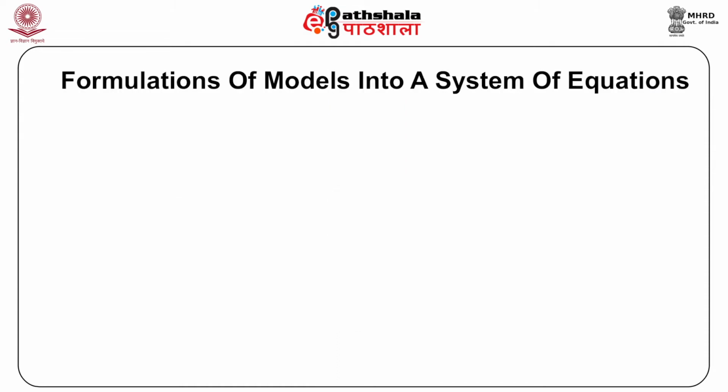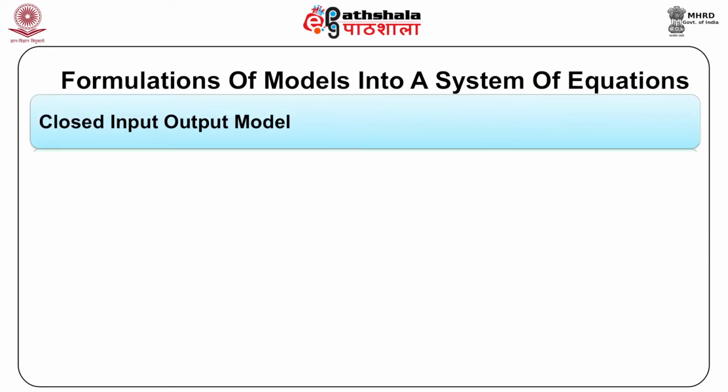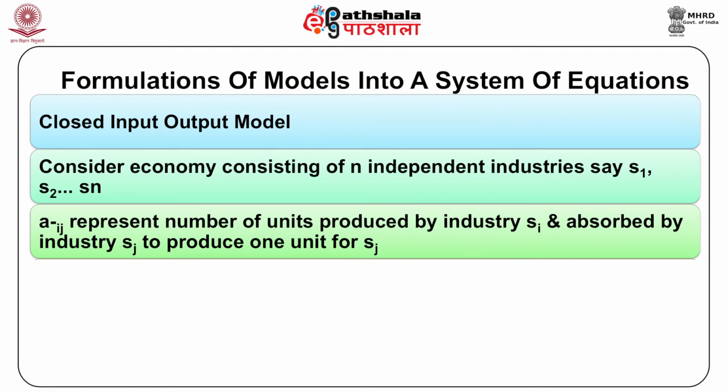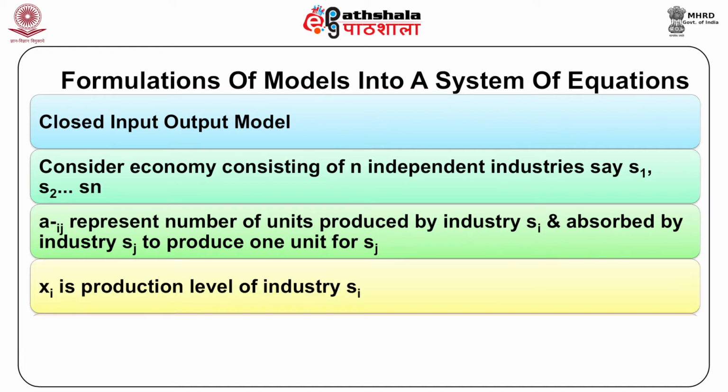Moving on to the formulation of models into a system of equations, first is the closed input-output model. Consider an economy consisting of n independent industries, say S1, S2 up to Sn. Let Aij represent the number of units produced by industry Si and absorbed by industry Sj to produce 1 unit for Sj. Then Xi is the production level of industry Si.